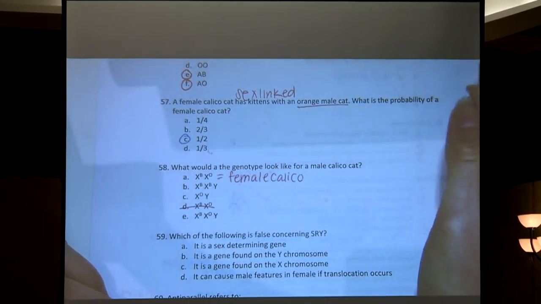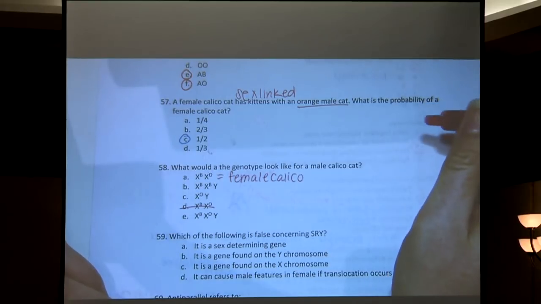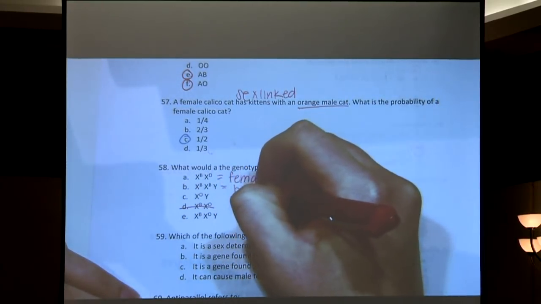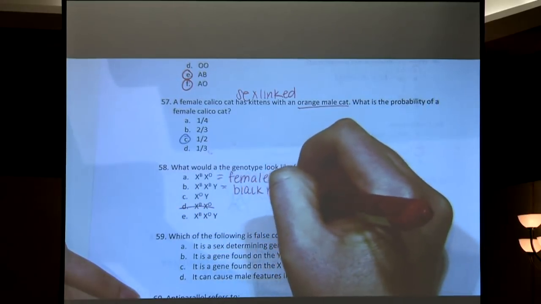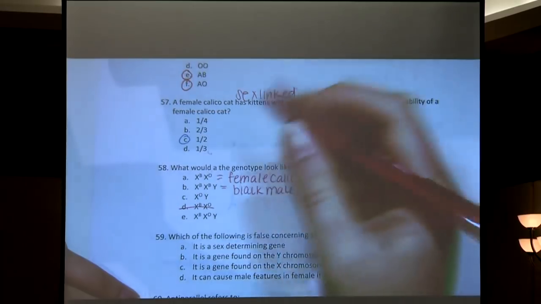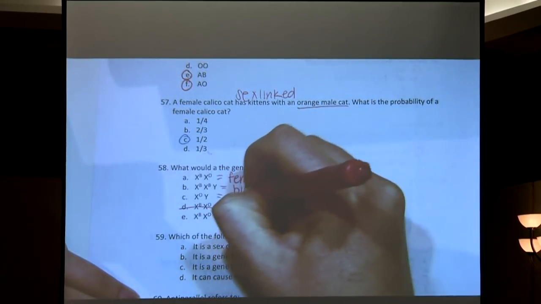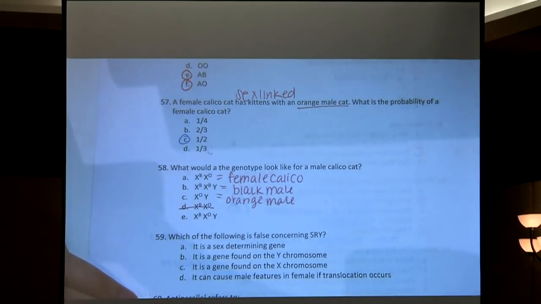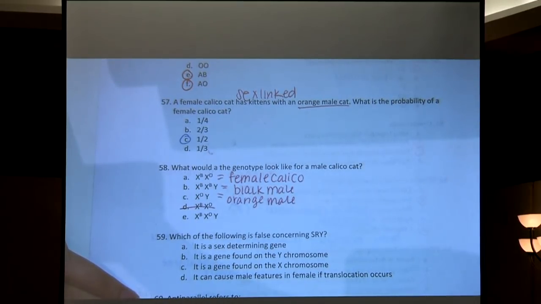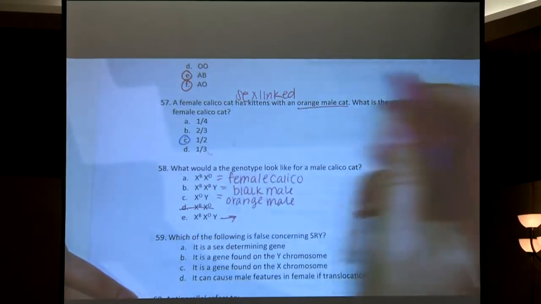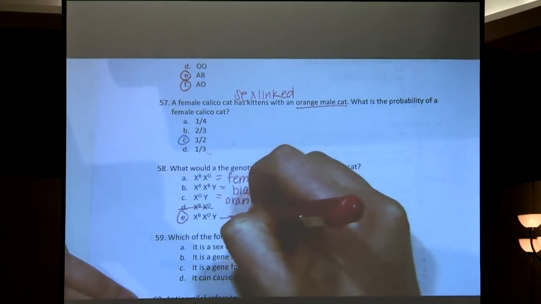How about an XB XBY? This would be a black male. How about an XOY? Orange male. And how about XB XOY? So this one would be our calico male.